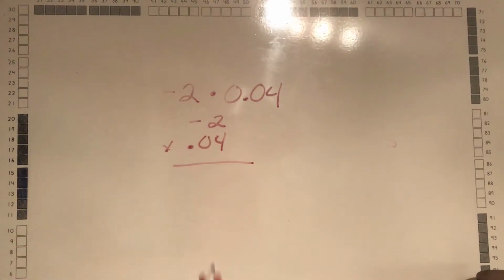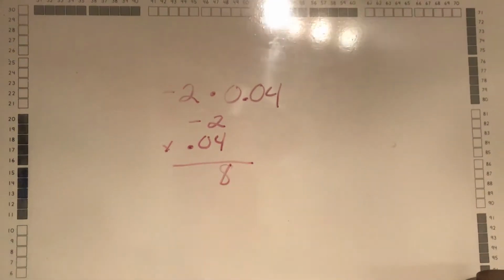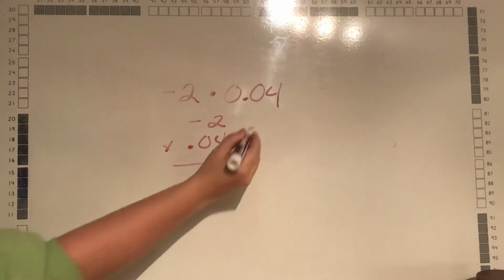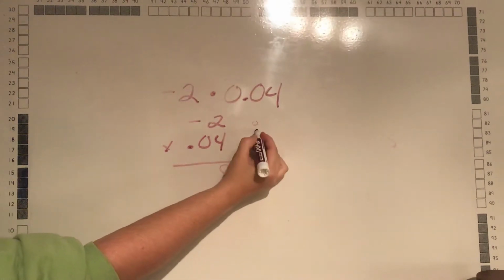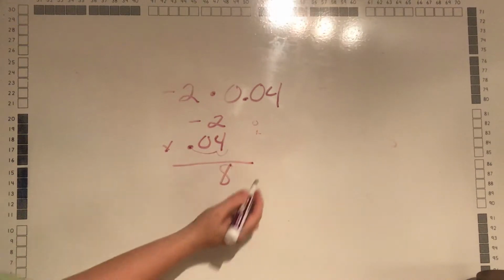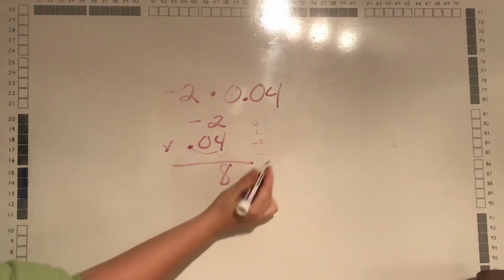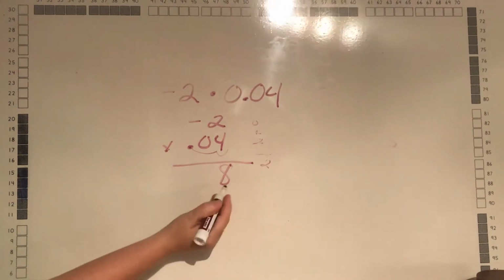Mathematically speaking, this is a very easy problem. What is 4 times 2? That's right, it is 8. Now we have decimals, so we need to count how many decimal places are in each factor. There are 0 in 2. There is 1, 2 in 0.04. So altogether, there are 2 decimal places.